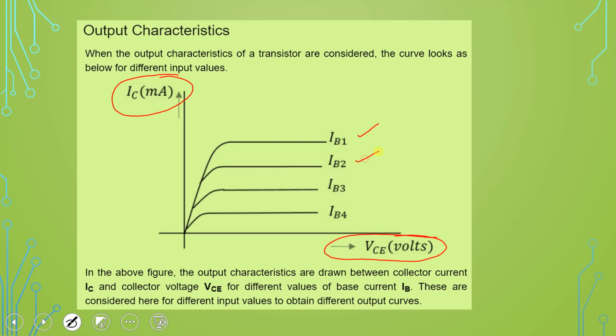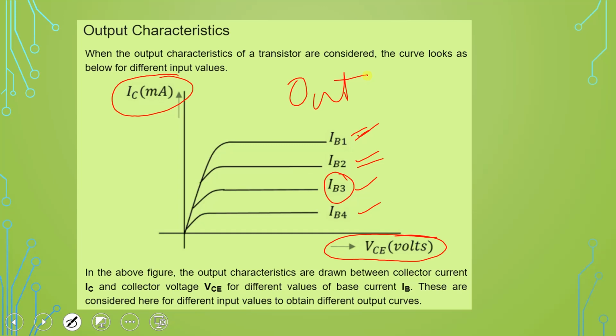These are constant values and every curve has a different value. This IB1 has some value, this IB2 has some value, and this has another value. So these are the different curves obtained at the different values. This is the output characteristics of a transistor.